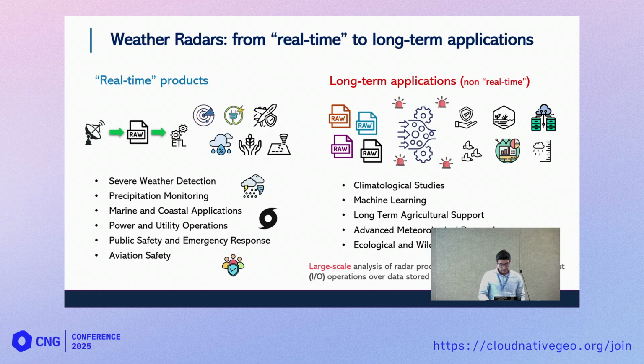But unfortunately, as the data is stored in binary format, this creates several problems, especially for large-scale analysis, which means you have to do massive input-output operations just to prepare the data, even before the science begins.